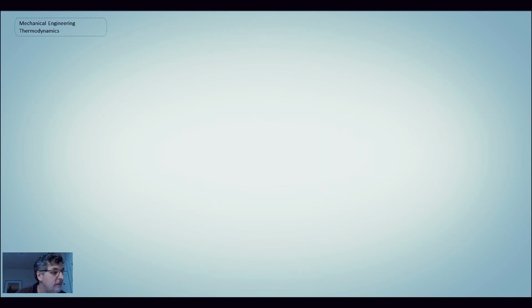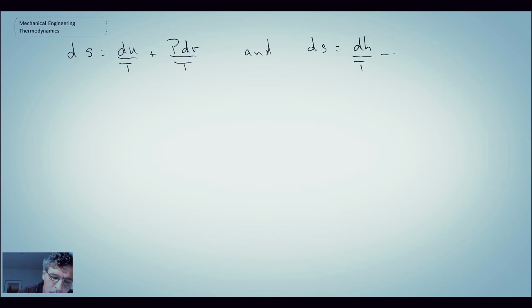So we're going to take the first Gibbs and the second Gibbs equation. So those are two equations in differential form for entropy in relation to other properties that we've already calculated in the course.